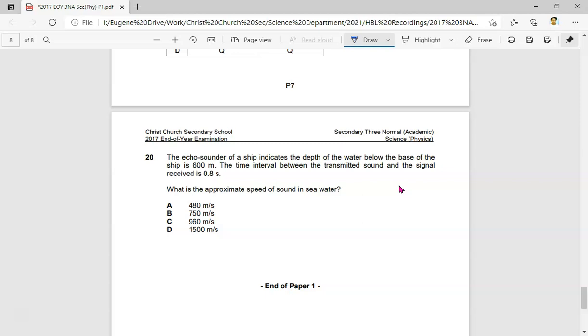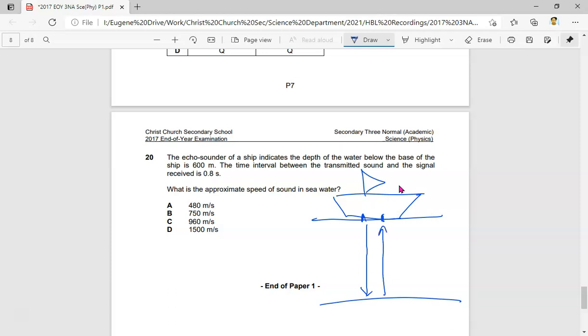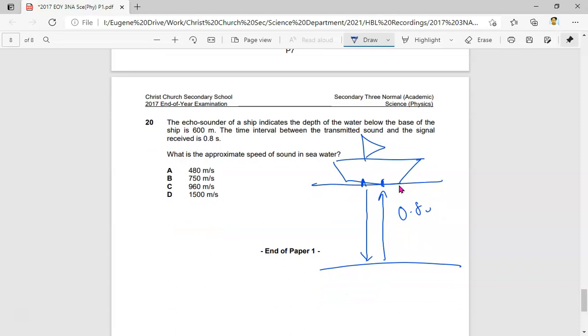Whenever you got such an echo question, it's always important to draw the diagram. So let's draw the diagram out like this. There's the sea bed. Imagine the device is here. I send the sound down, I let it come up. How long did this take? It is 0.8 seconds.